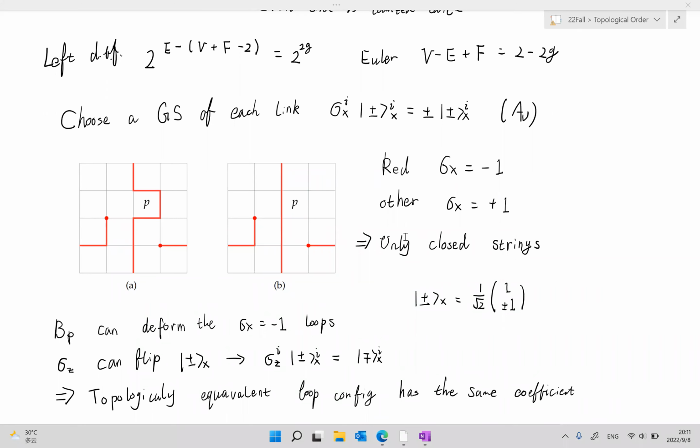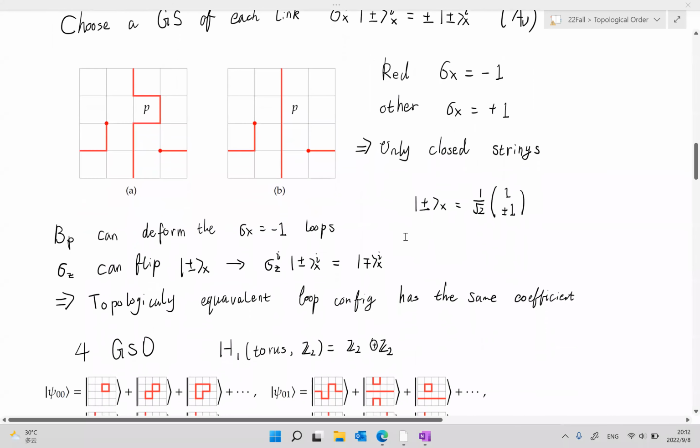If there are endpoints of the red string, this A_V operator should be -1. So this is not allowed for the ground state. So only the configurations with closed strings are allowed.